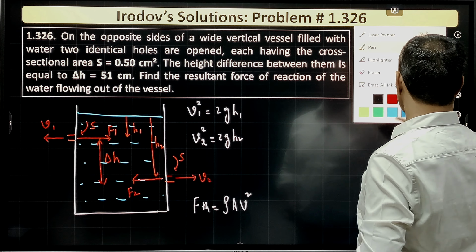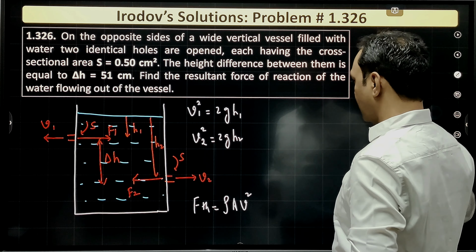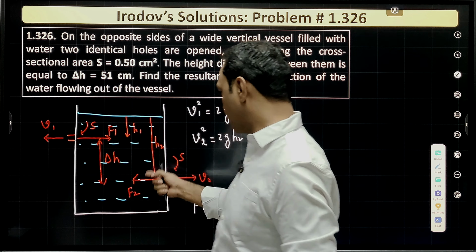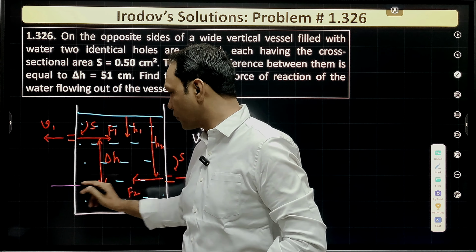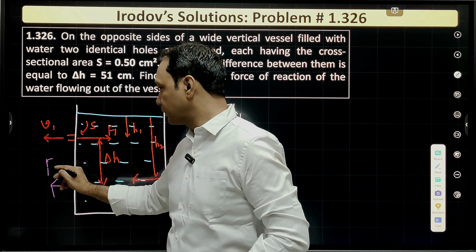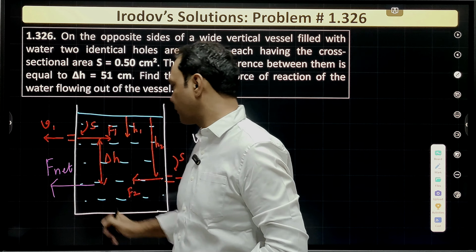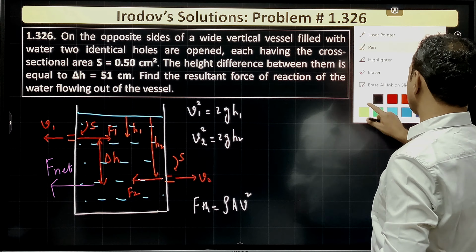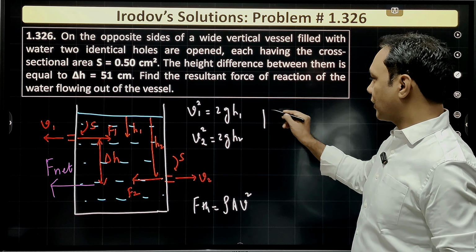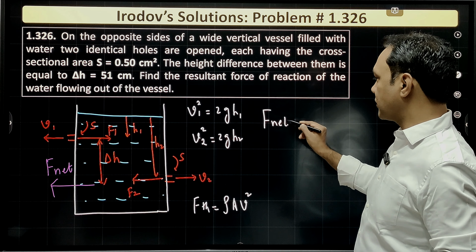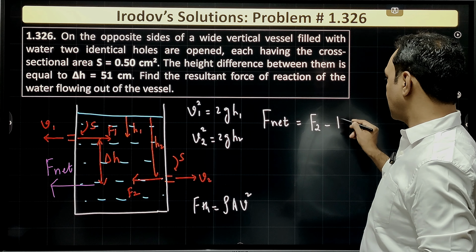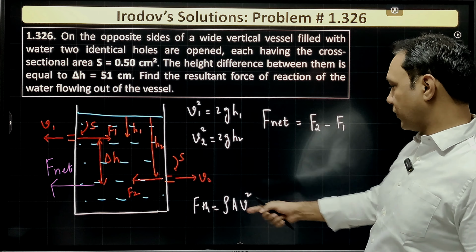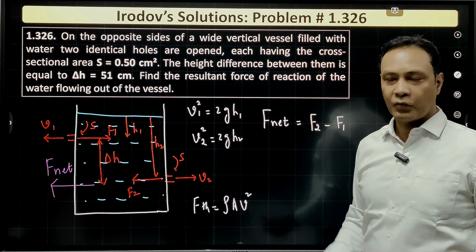The resultant of these thrusts: F2 will definitely be more because v2 is more. So the resultant of them would be F net. So F net is F2 minus F1. And F2 minus F1 is rho into area into velocity square.